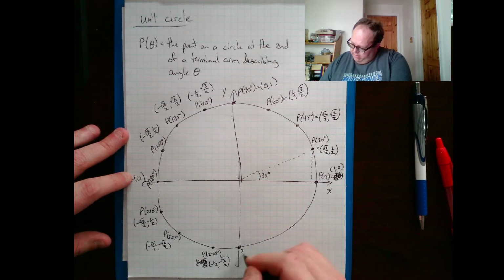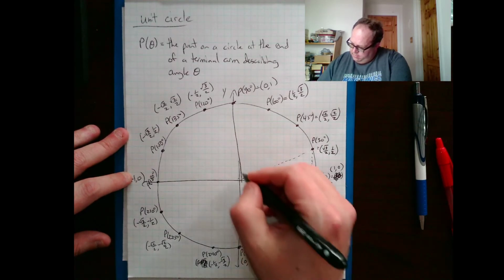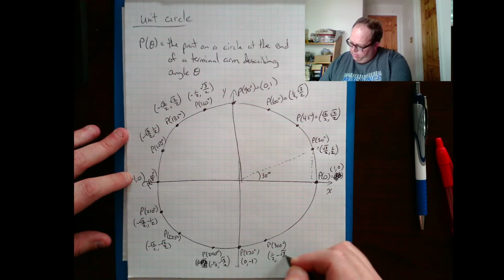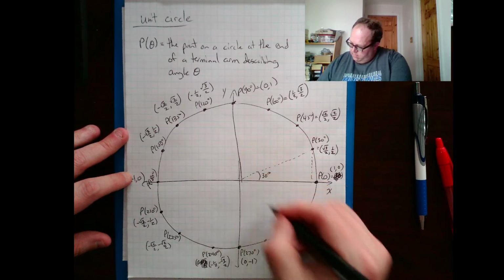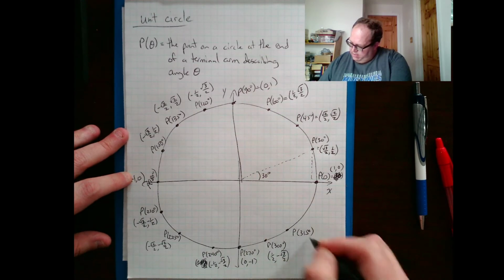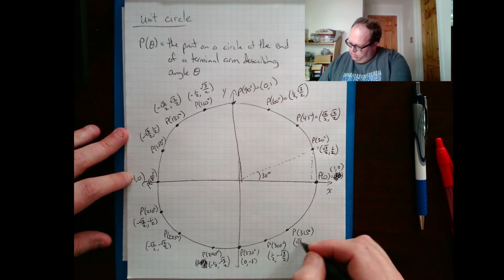P at 270 would be 0 and negative 1. P at 300 would be 1/2 and negative root 3 over 2. P at 315 degrees would be root 2 over 2 and negative root 2 over 2.